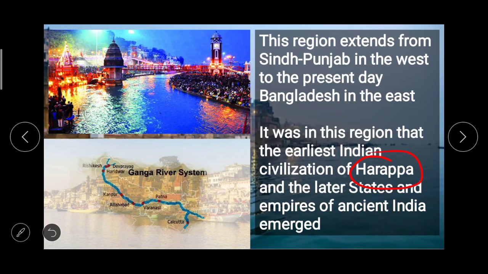About the Harappan civilization we are going to study in this textbook only. So here just keep in mind, this was the region where the earliest Indian civilization of Harappa and the later states and empires of ancient India emerged.